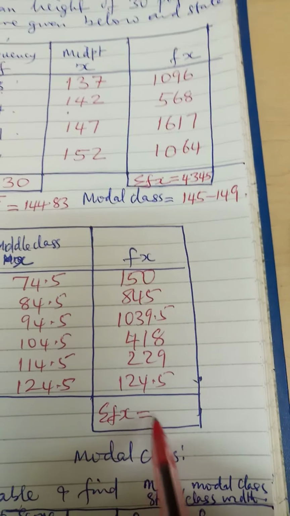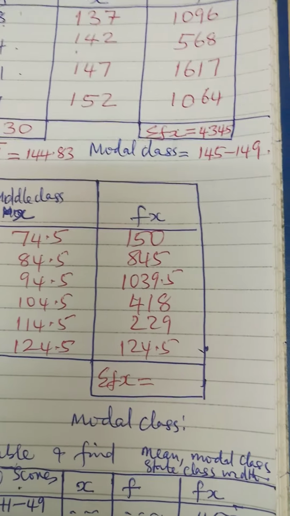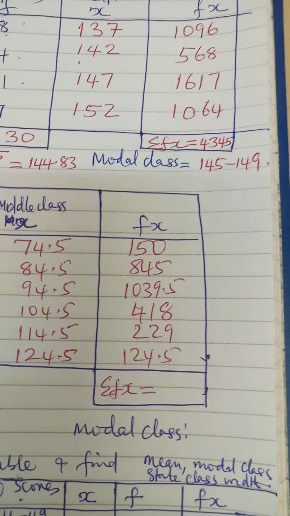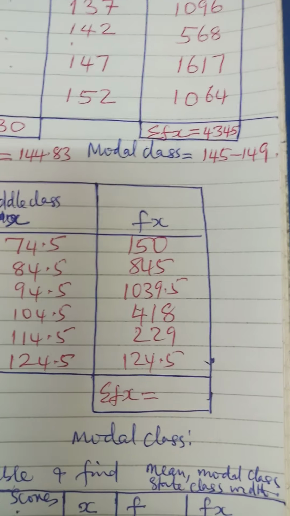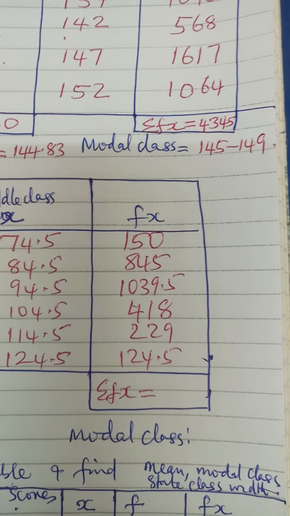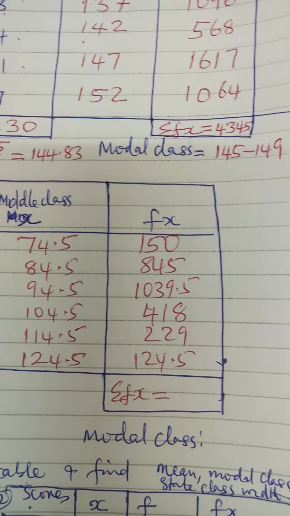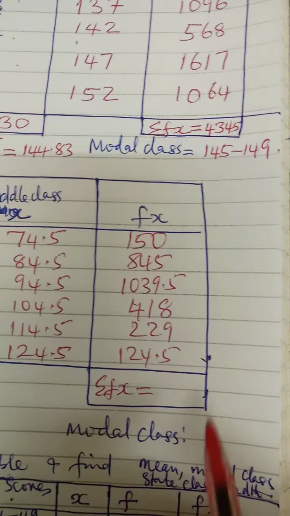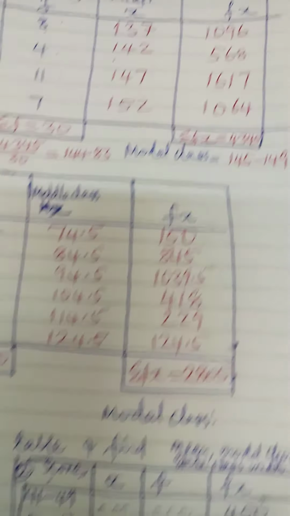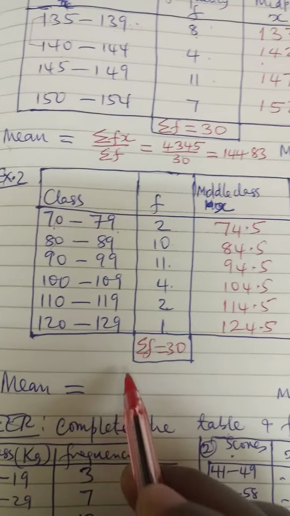We look for the summation by adding up these values. I expect the students to actually do the adding using their calculators and reconfirm. This will give us a total of 2,805. We proceed to get the mean.